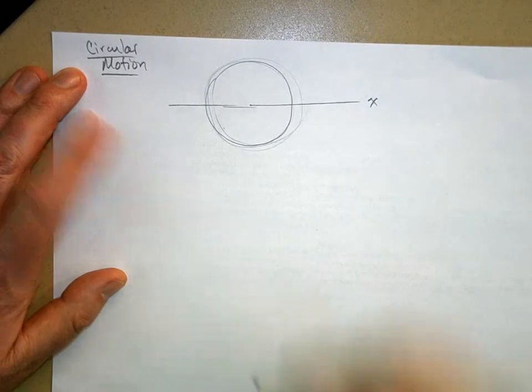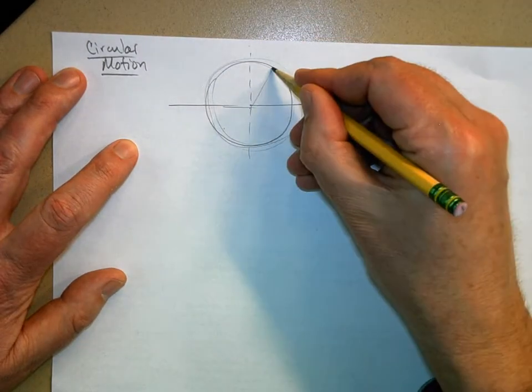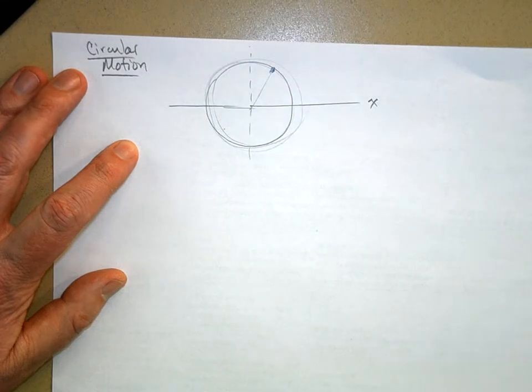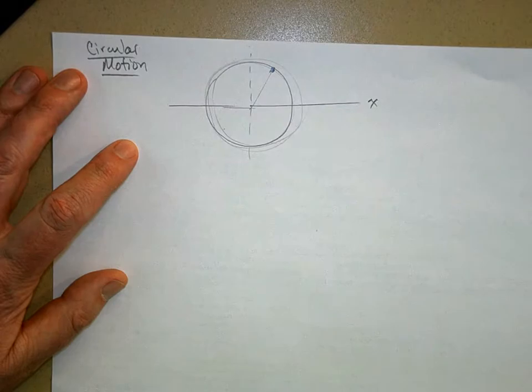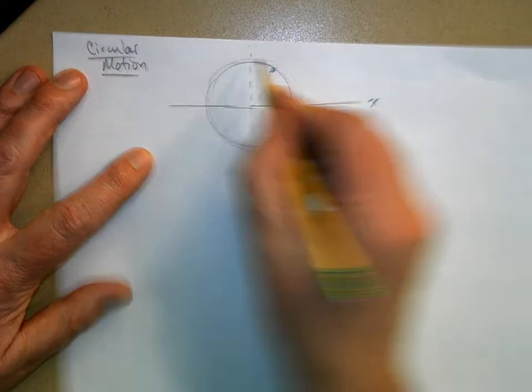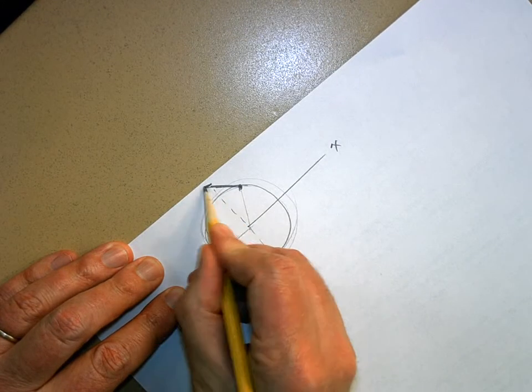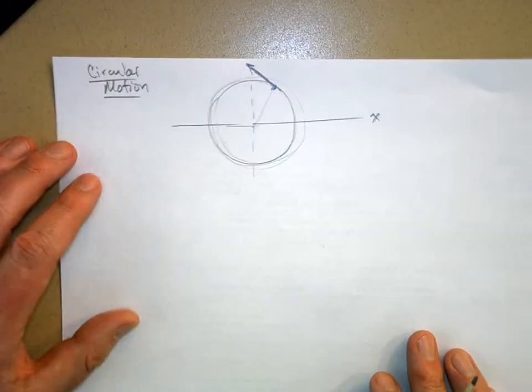Suppose I have an object that's right here, and it's moving. We're going to remember that velocity is always tangent. I'm trying to draw this tangential to this circle like this.